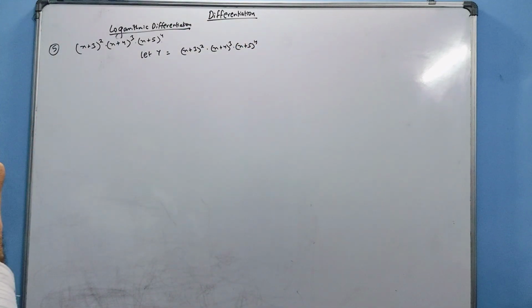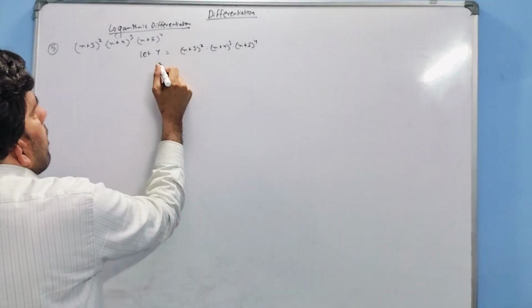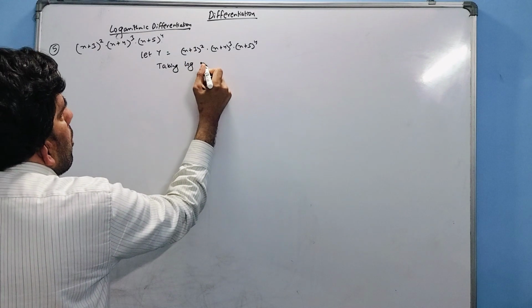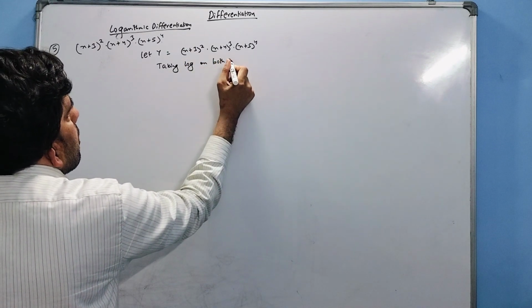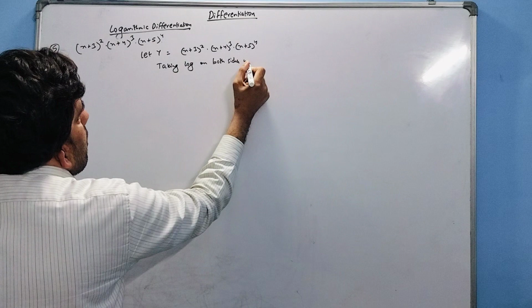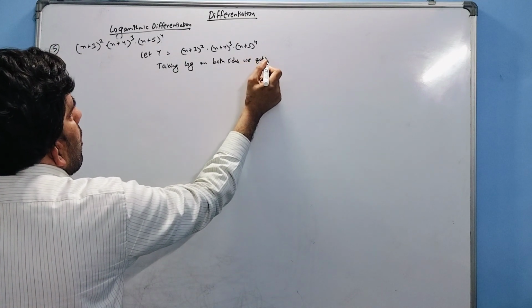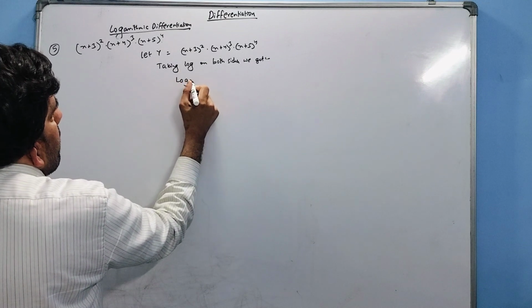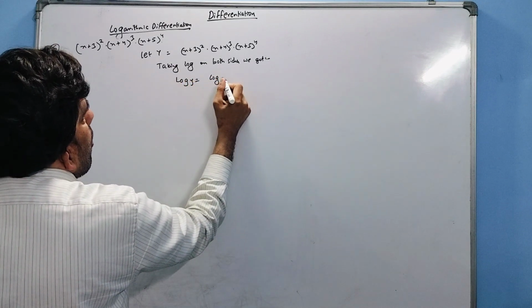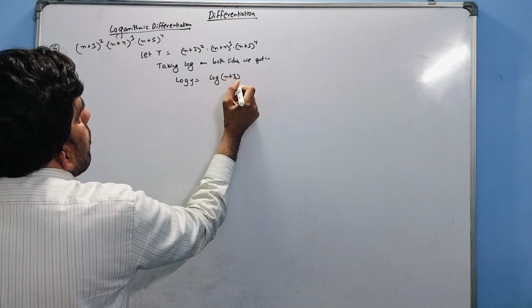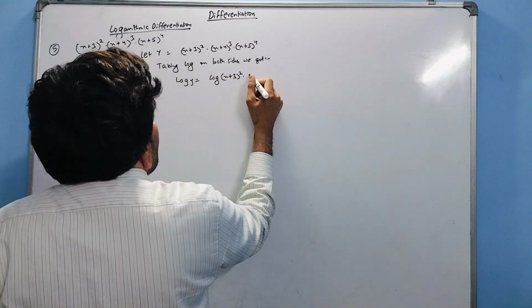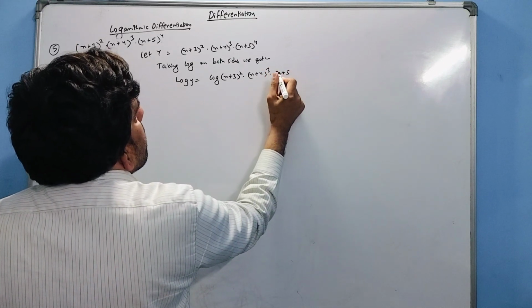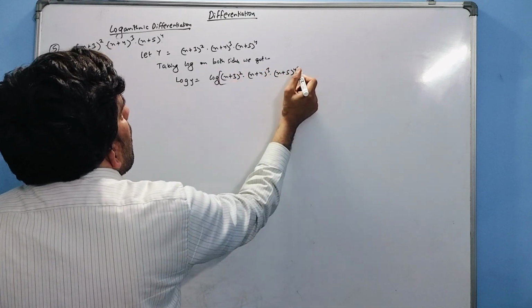Okay, so we have, that is, taking log on both sides. What we get here, very simple way, log y = log of (x+3)^2 (x+4)^3 (x+5)^4.